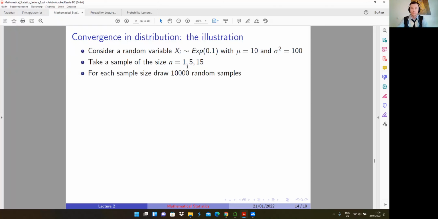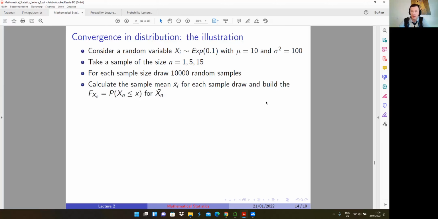Then I do the following. For each sample size, as for the convergence in probability, I draw 10,000 random samples. And then I calculate the sample mean for each sample draw.